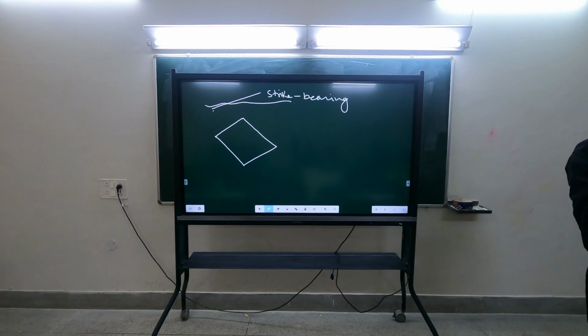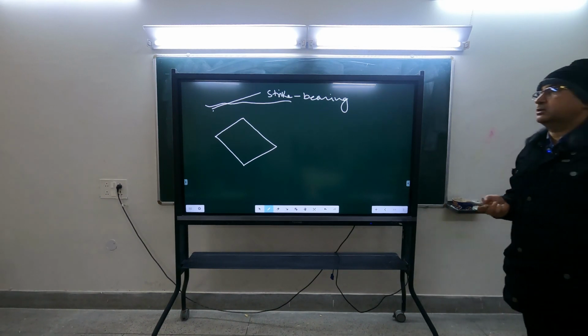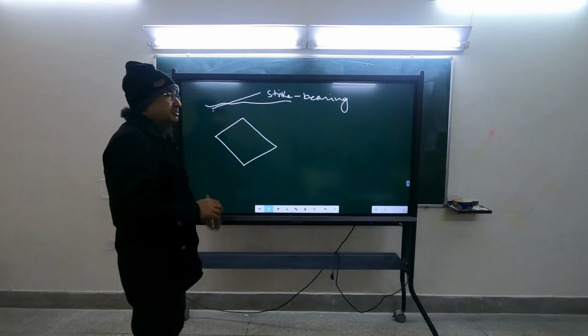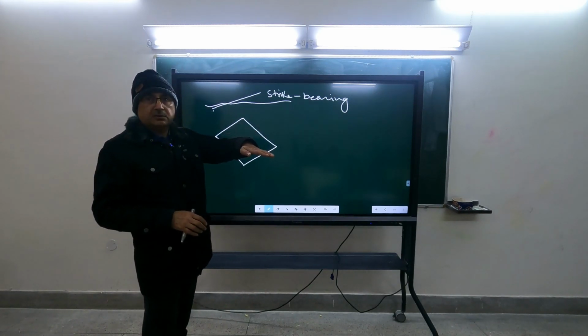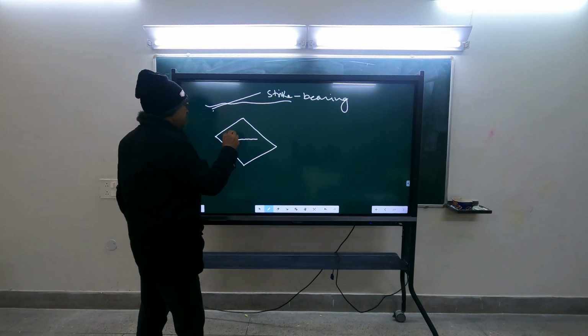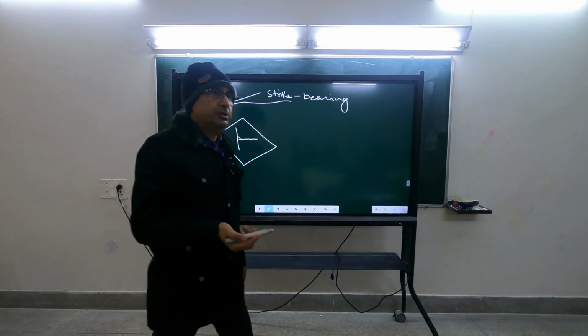What is the bearing? If you take the surface projection as a line, what angle that line is making from north. That is the strike. And another is dip. Dip is the angle which it is making from horizontal, or if you draw a perpendicular to this, what angle this perpendicular has from the vertical or horizontal.